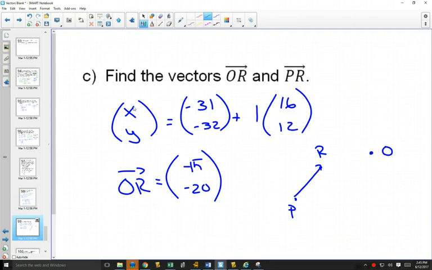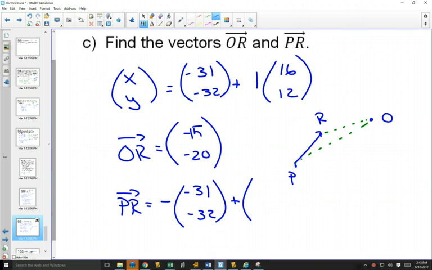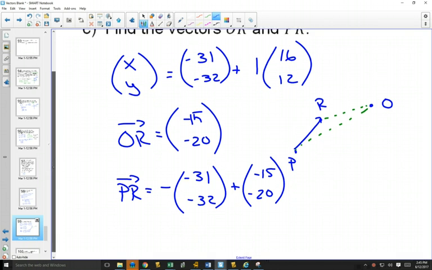I could go back to O and then over to R. So that would be negative P plus R.